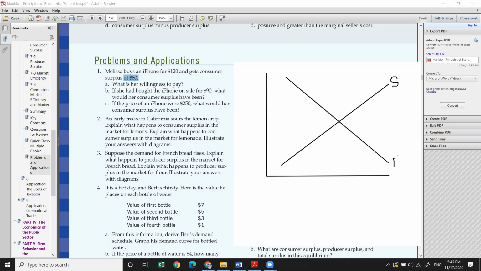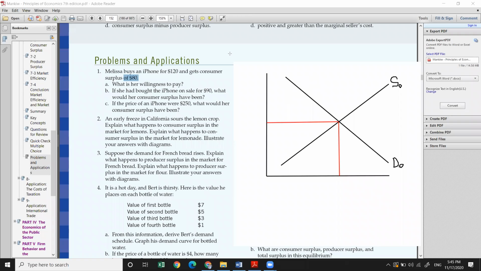Let's make it 0 and 0. Sorry for my hand drawing, it's very bad. I'm going to use straight lines, that would make it better. This is the equilibrium price and this is the equilibrium quantity.